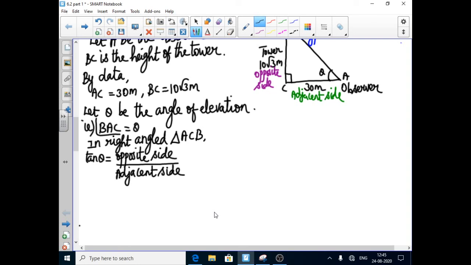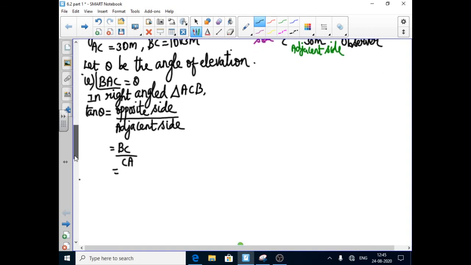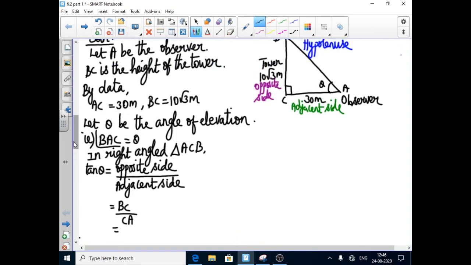Here, the opposite side is BC. So you can write it as BC divided by AC. BC value is 10 root 3. That is equal to 10 root 3 divided by 30.